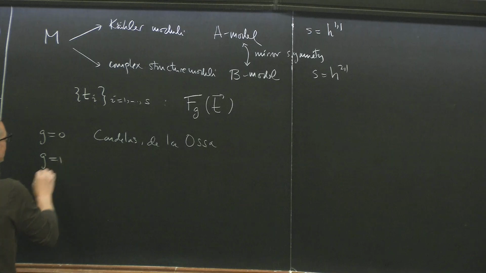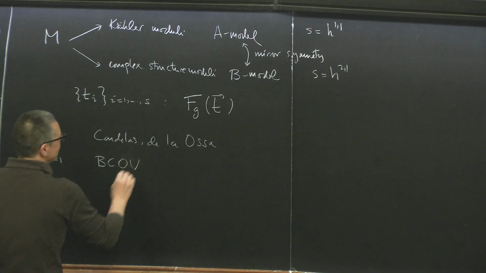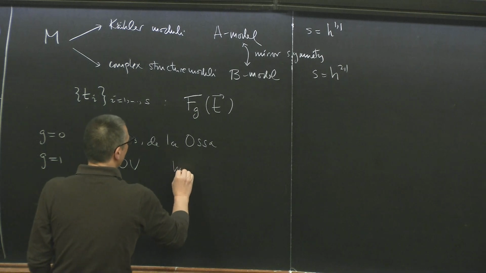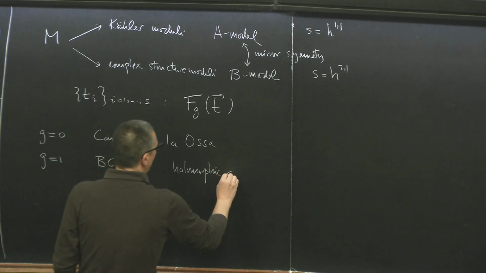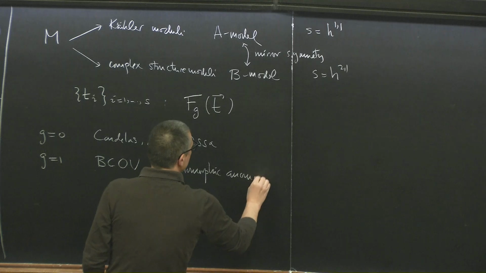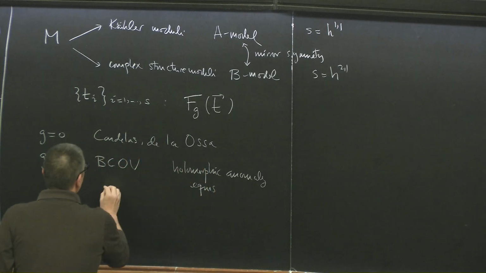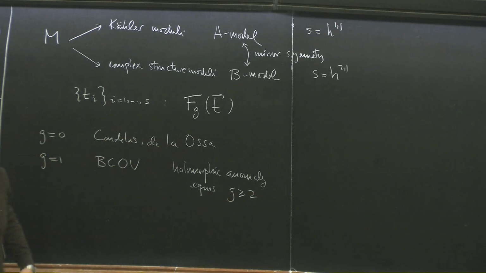Then for g equal 1, there were these very beautiful papers by Bershadsky, Cecotti, Ooguri, and Vafa, who also introduced a technique called holomorphic anomaly to, in principle, calculate these quantities for genus bigger or equal than 2, but this became very complicated.